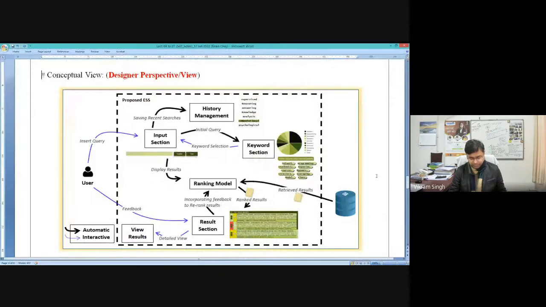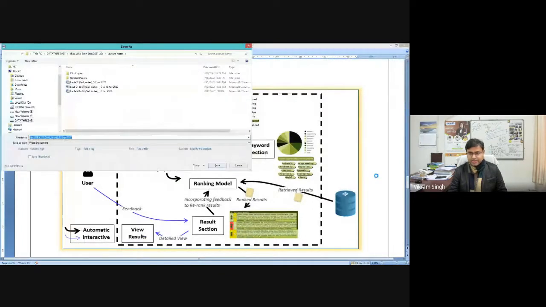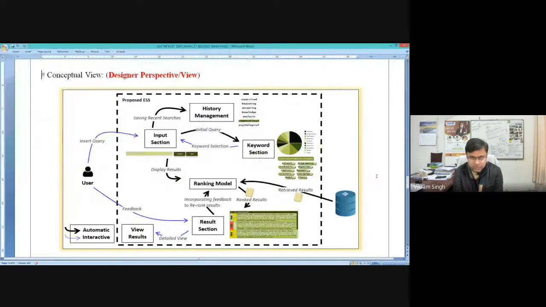One of the MTech scholars working with me designed a system, I think in 2017, on which some work has been done on most of the components of a search system. This is what we refer to as the designer perspective on the search system. You can see here most of the components placed in rectangle boxes, right?